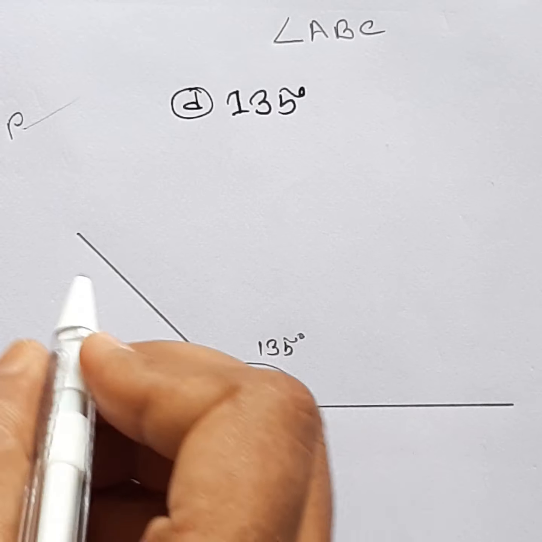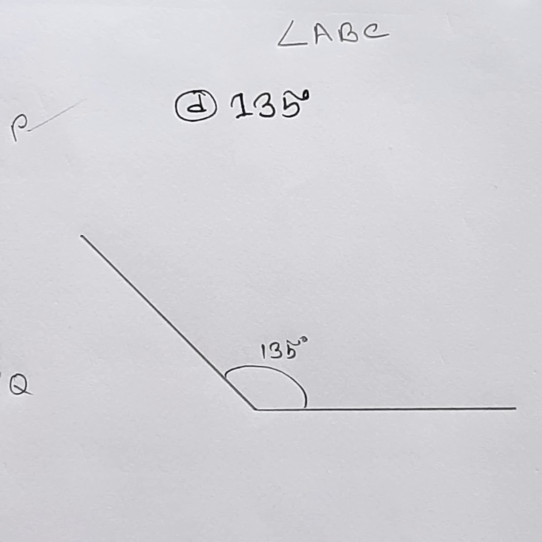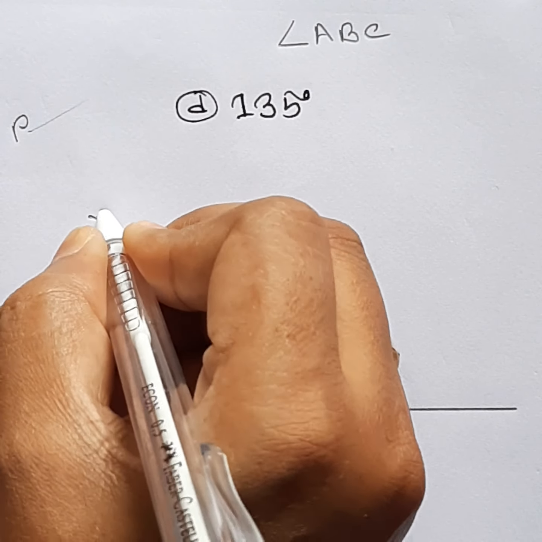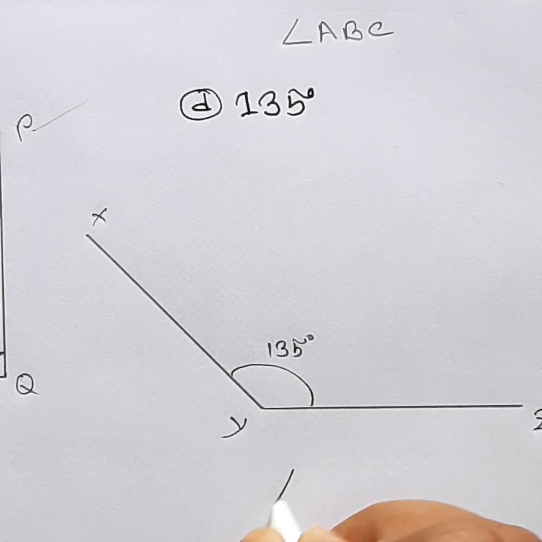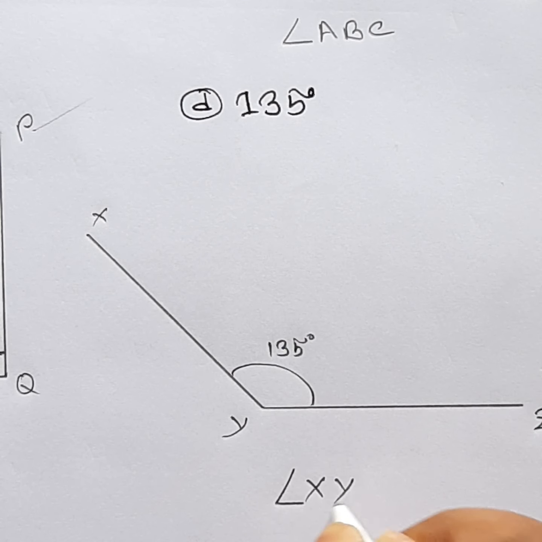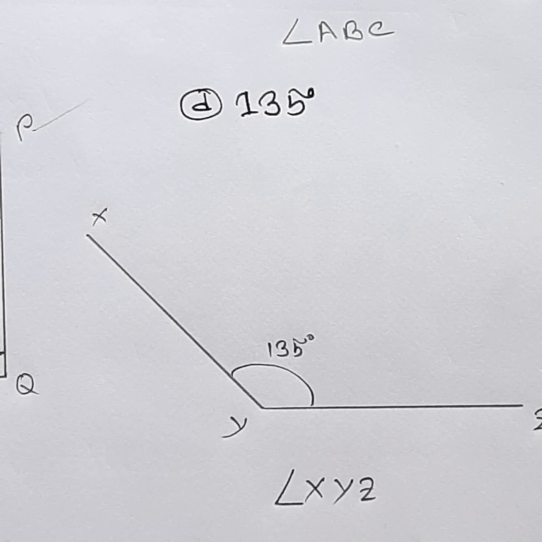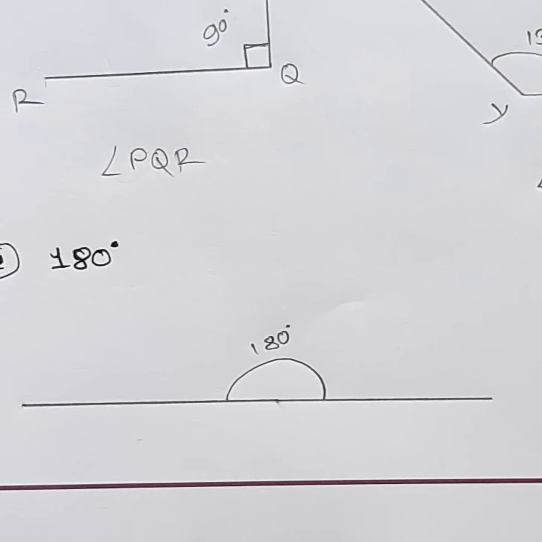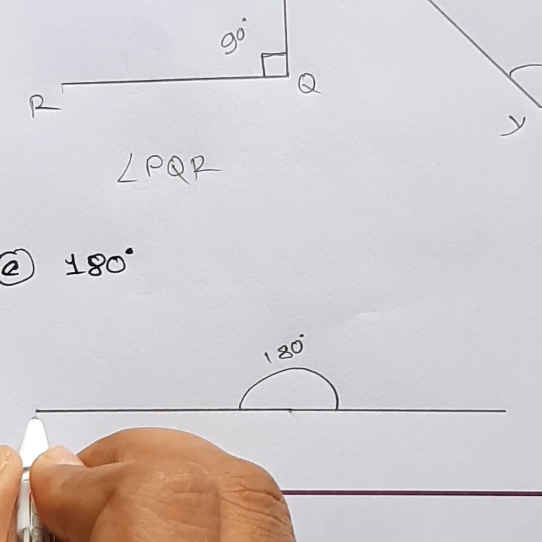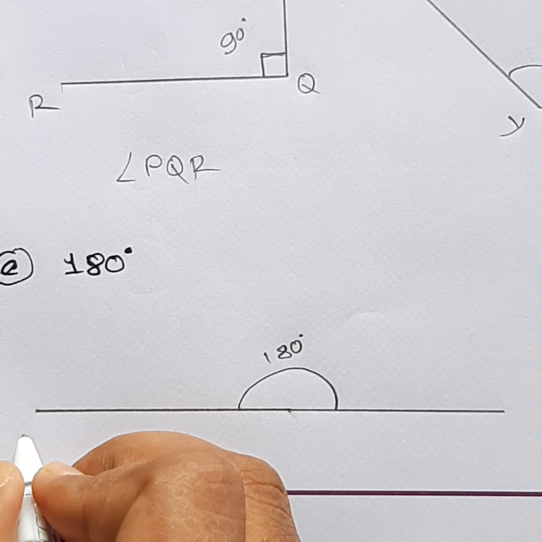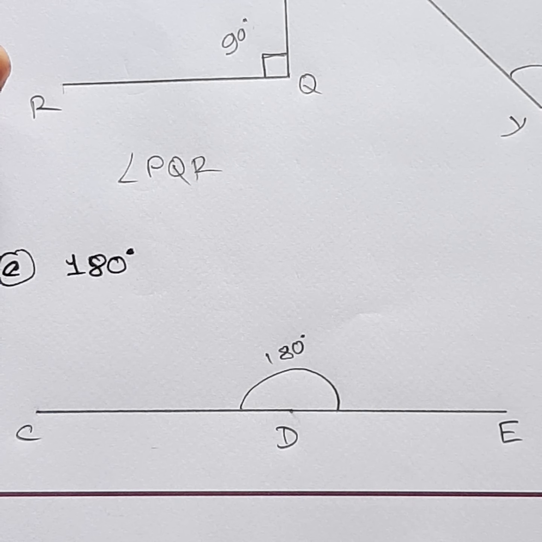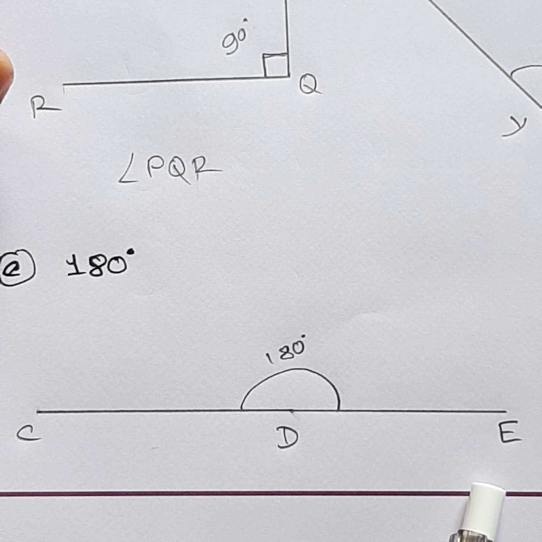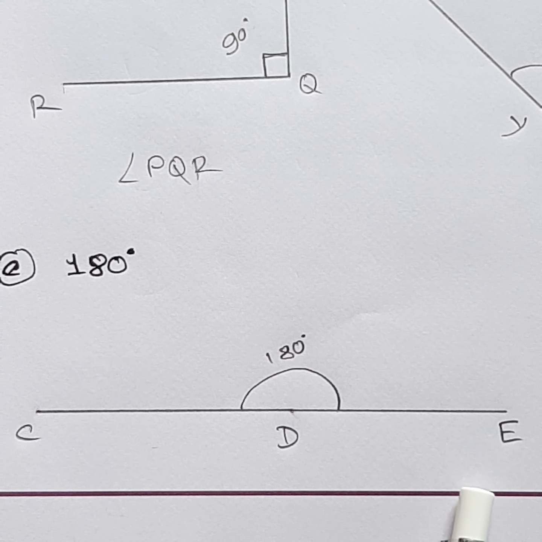The next one, why not X, Y, Z? We can give X, Y and Z. So angle XYZ. The last one, not the least one, let's see, that one is named C, D, E. At that time what will happen?